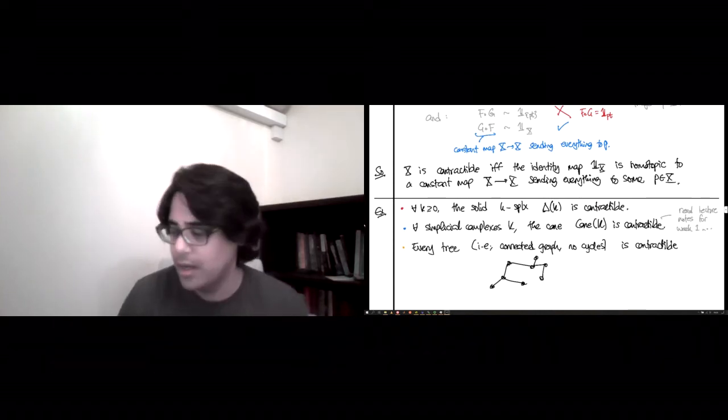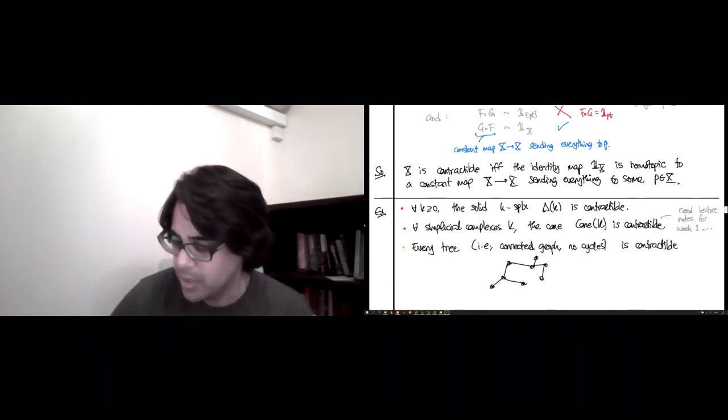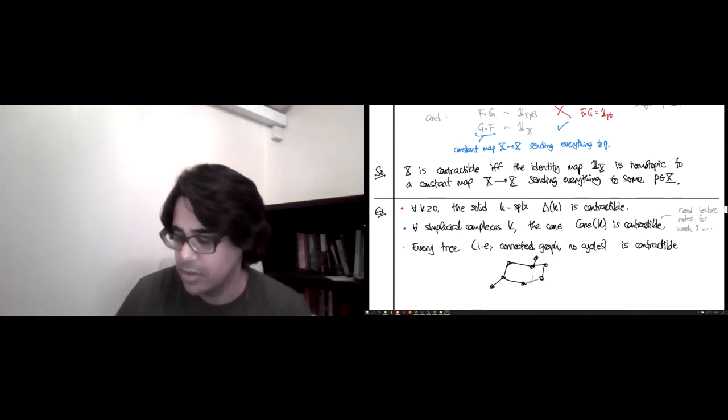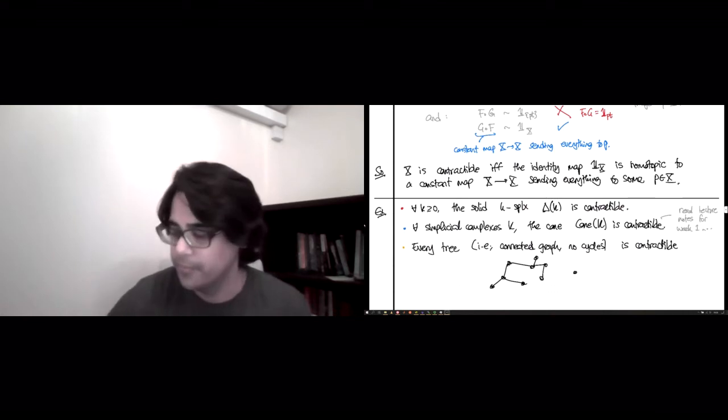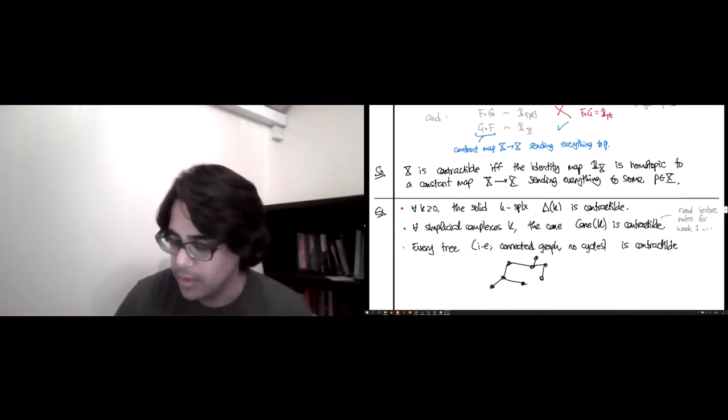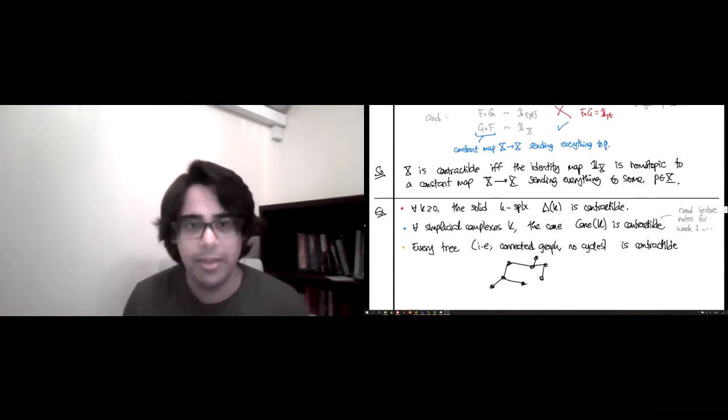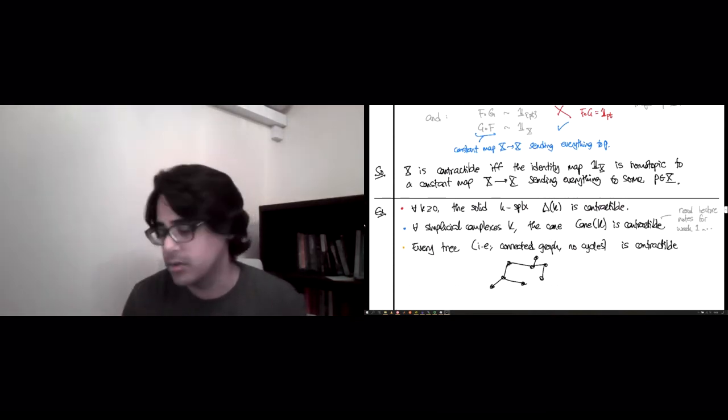This is a tree. What I'm not allowed to do is draw that gray edge, because if I draw that gray edge, then there's going to be a cycle, and that's not allowed. What I'm also not allowed to do is have a disconnected vertex here, because it has to be connected by definition. Okay, so each of those families of simplicial complexes, so k-simplices, cones, and trees are contractible.